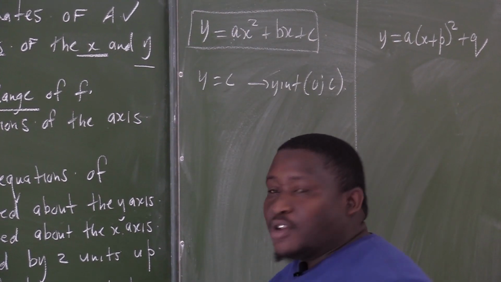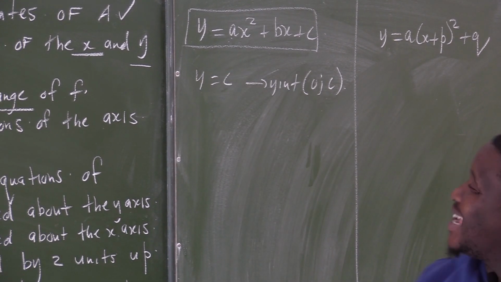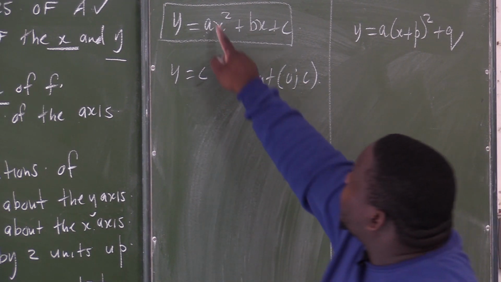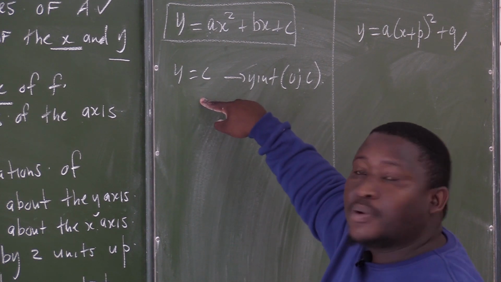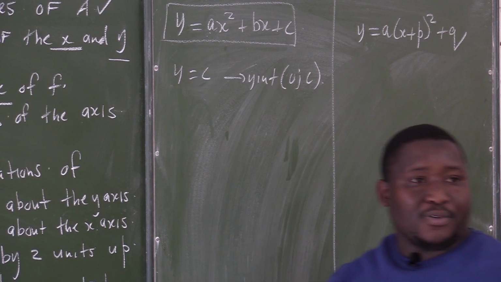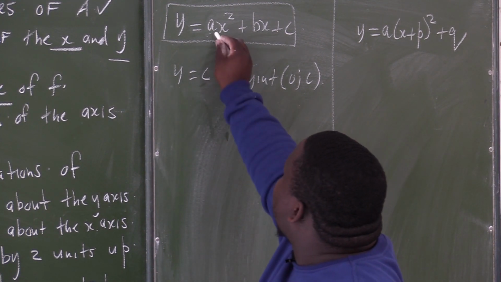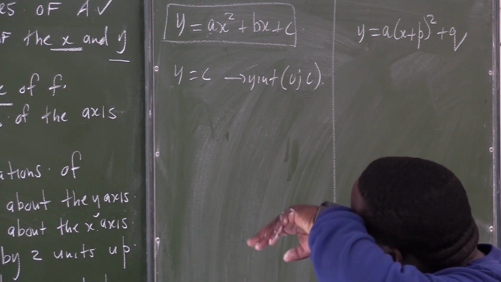What is the significance of a? A, which is the leading coefficient, tells us the shape. Is the graph going to be facing up or down? If this value is positive, my graph will be facing up. If this value is negative, my graph will be facing down. Now you are able to predict the shape of your graph.